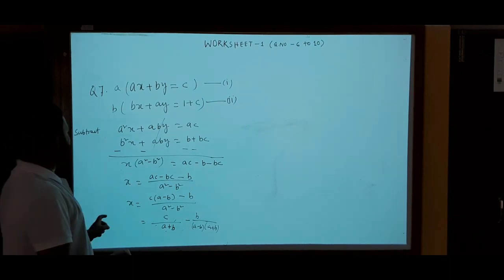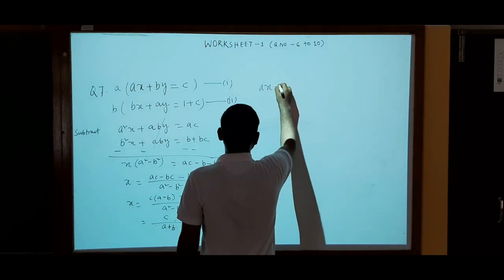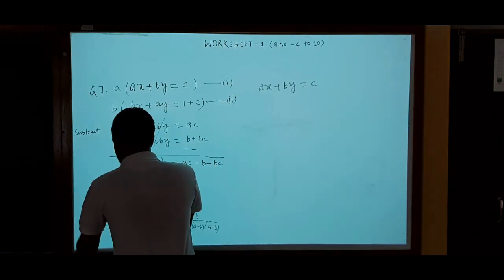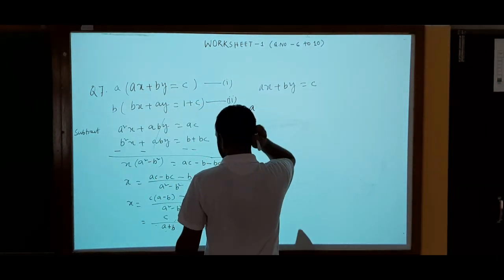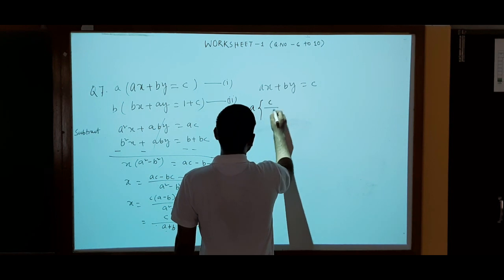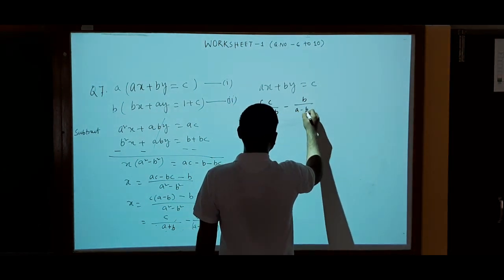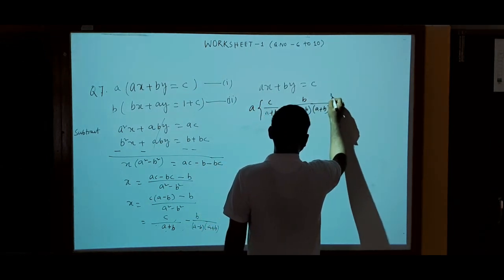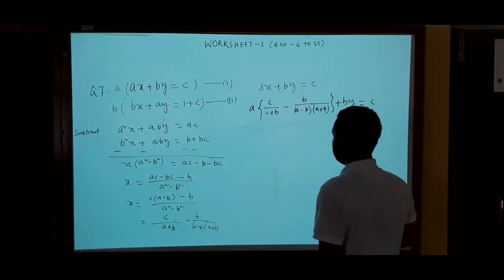Now this value I am going to put here in this equation. Ax plus by equal to c. Now ax value is c upon a plus b minus b upon a minus b whole into a plus b, plus by equal to c.